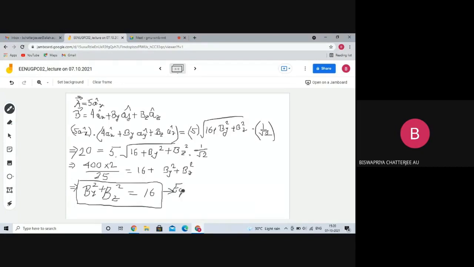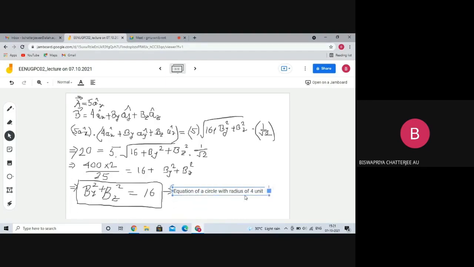It is the equation of a circle with a radius of 4 units.